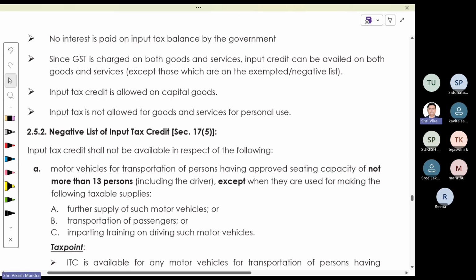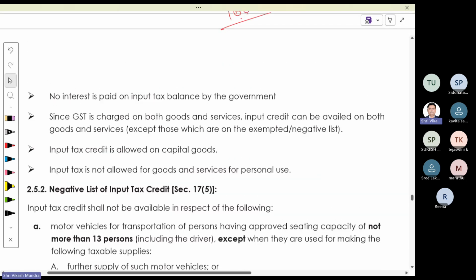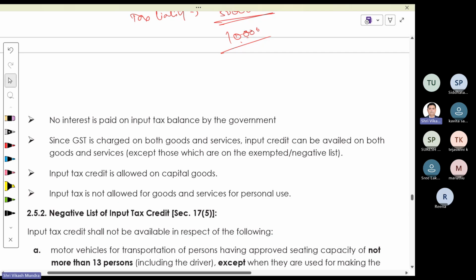Now, negative list. Few more points are there. No interest on ITC carried forward by you. Government will not pay any interest to you. Input tax credit is allowed on capital goods also. Capital goods, if they are used in your business or profession, in furtherance of business, ITC would be available on capital goods also.